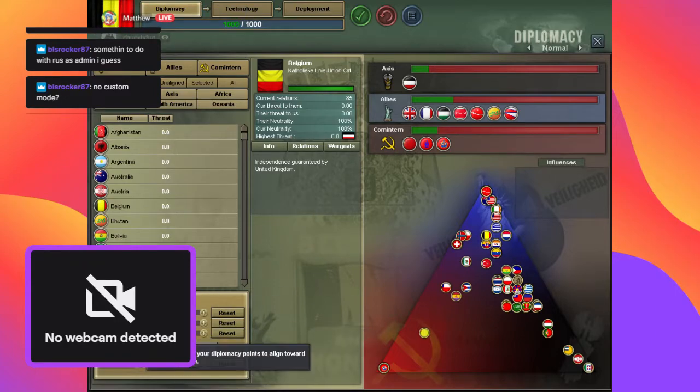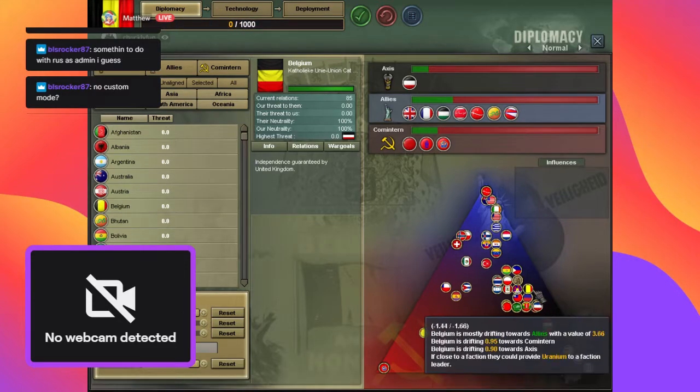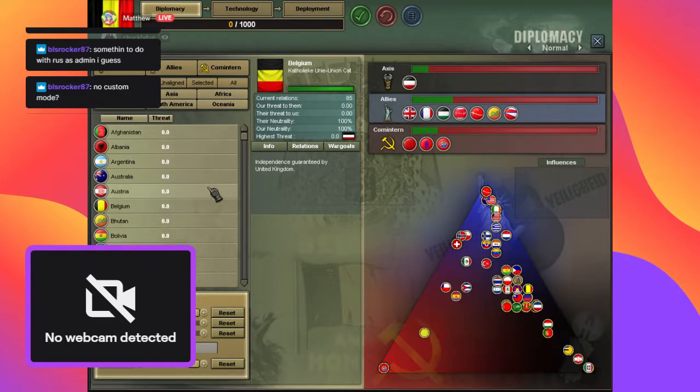I could, if I wanted to, mess around with this here. You see how Belgium, when I move the axis thing, moves to the right. Basically, I'm changing the alignment in a sense. So that means I'm closer to Germany, and I can bring my neutrality down.